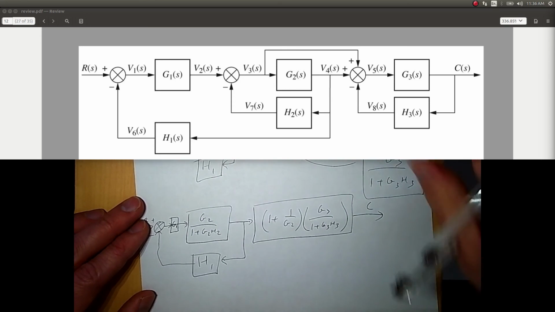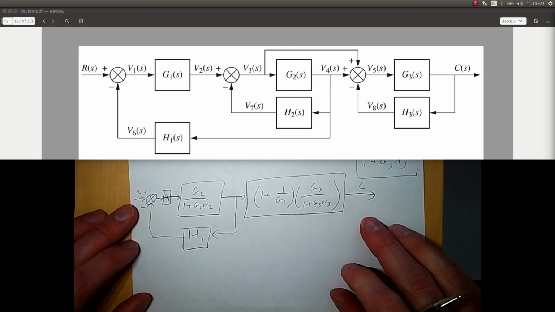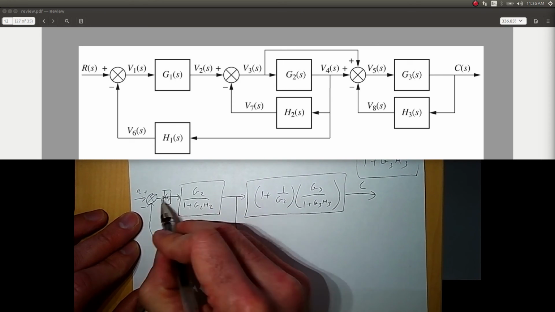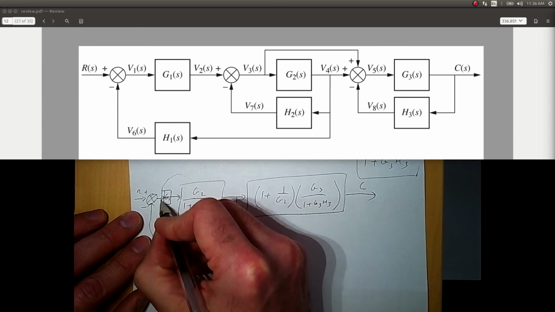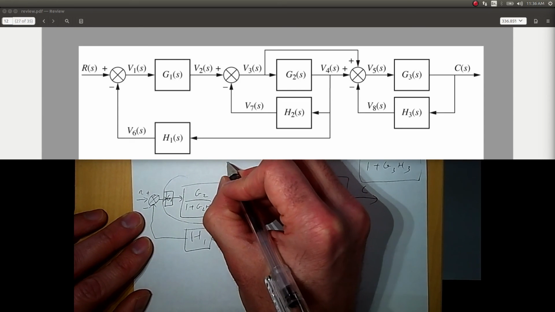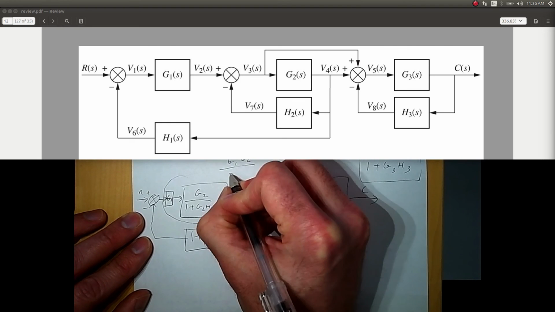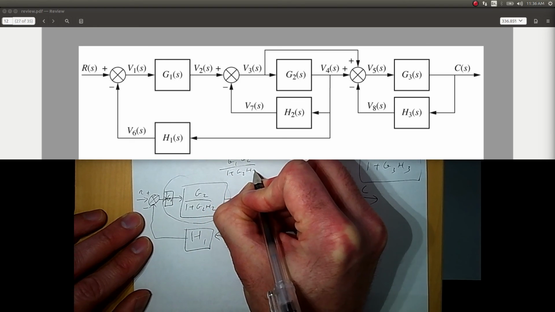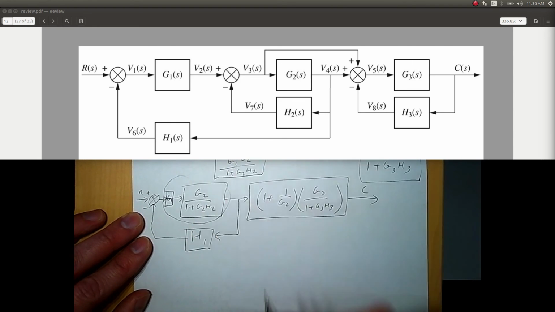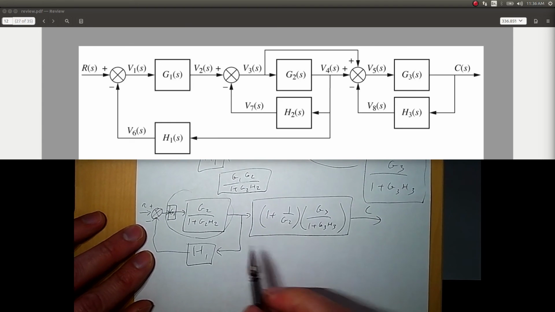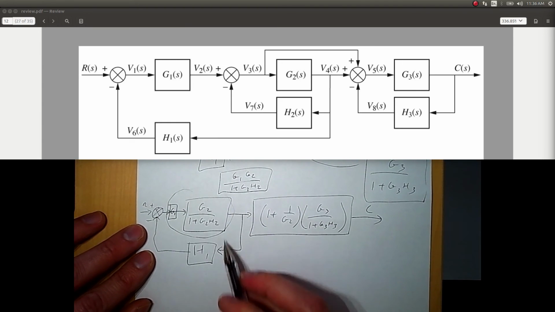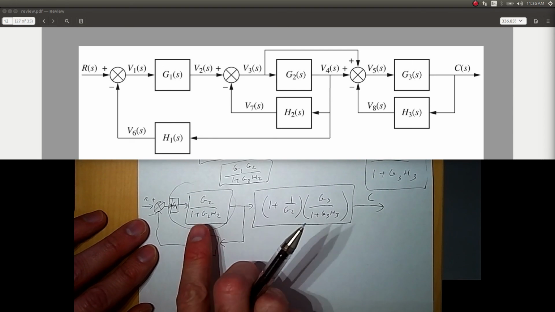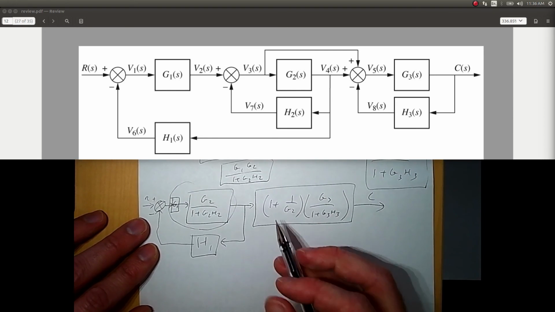Okay, so here's our equivalent system, and these two we can combine into cascade form. So this gives us G1, G2 over 1 plus G2, H2. And now we have feedback form, and we can reduce this system. And then we'll have that transfer function cascaded with this transfer function.